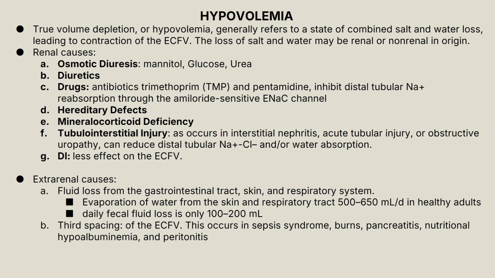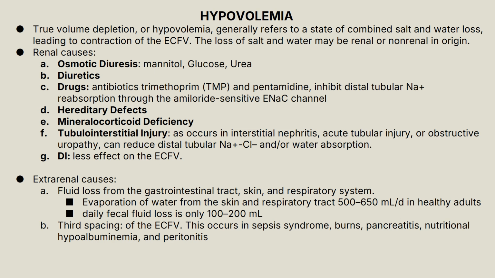Mineralocorticoid deficiency like adrenal insufficiency. And tubulointerstitial injury that occurs in interstitial nephritis, acute tubular injury, or obstructive uropathy can reduce distal tubular sodium chloride and or water absorption. And diabetes insipidus has less effect on the effective circulating volume.